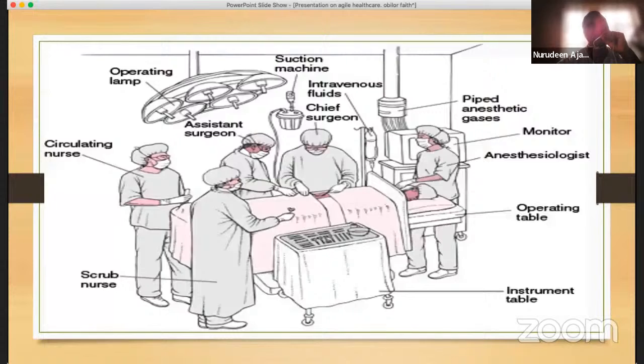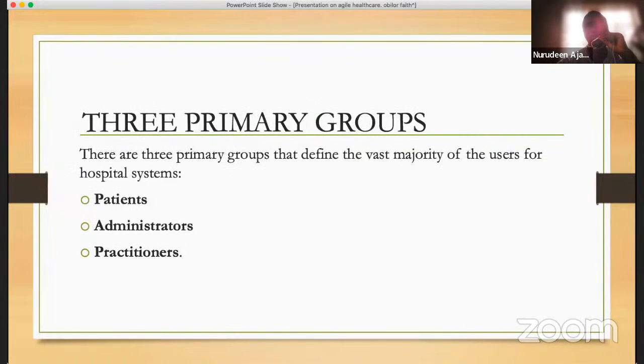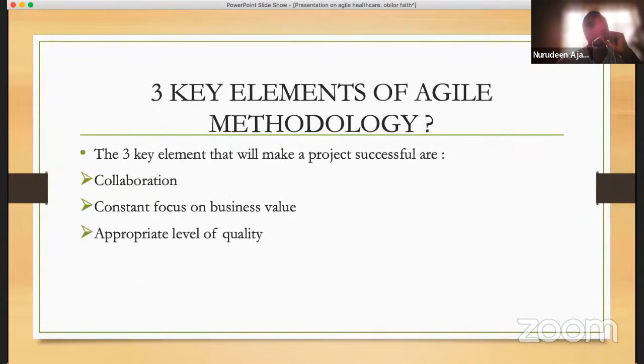So my question is, talking about agile methodology in the healthcare system, when it comes to a hospital facility, we have nurses, doctors, physiotherapists. Should we assume that they should all have knowledge of agile methodology? Assume that we want the nurses to understand what agile methodology is all about.